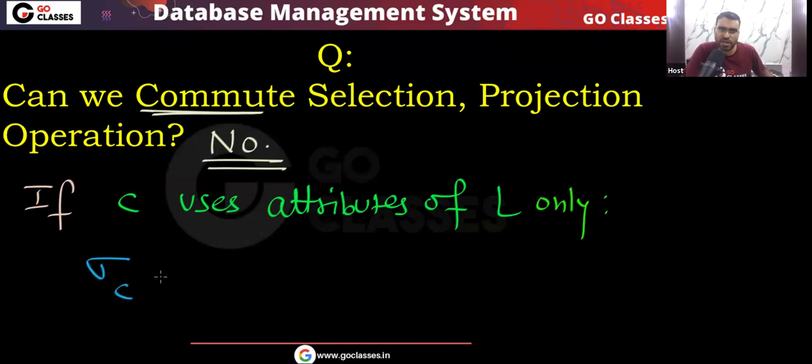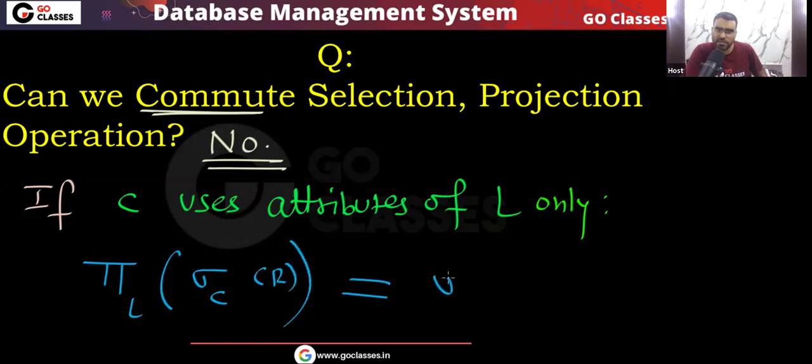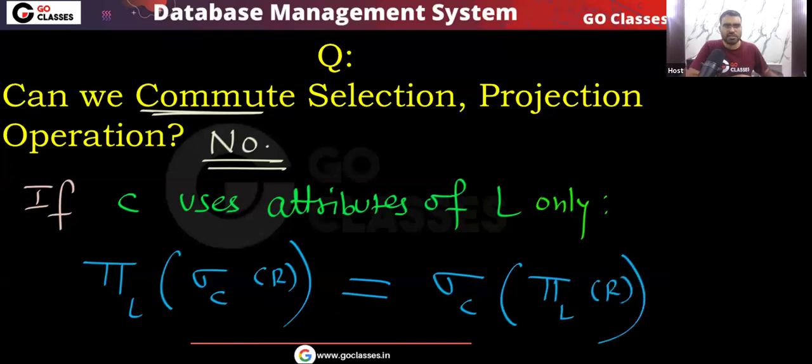For example, now if I write pi L sigma C R, this will be same as sigma C pi L R. Is this clear?